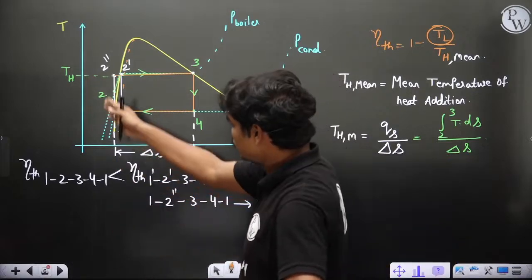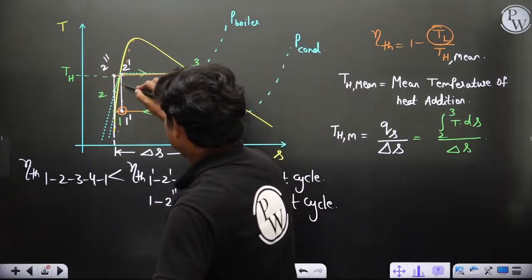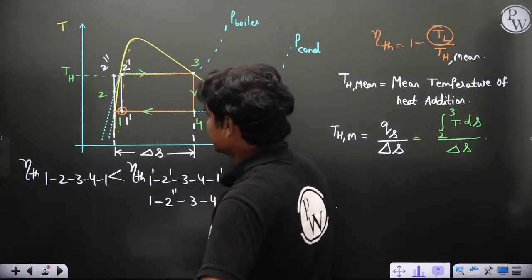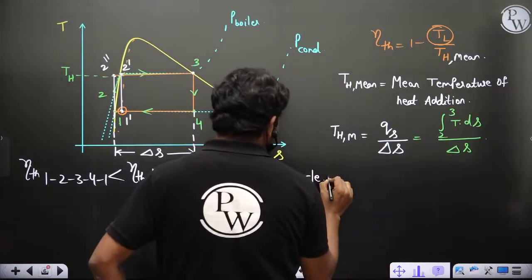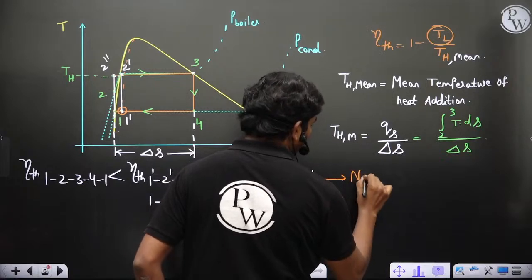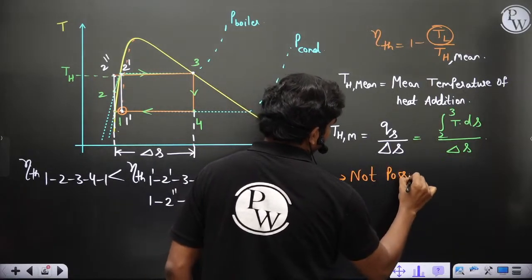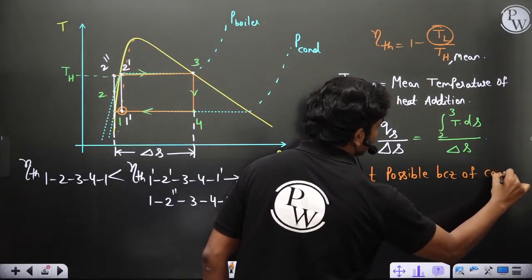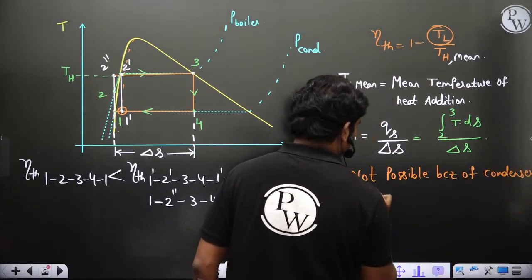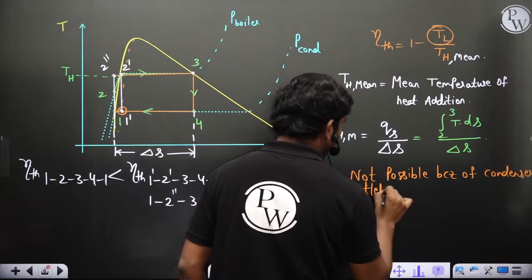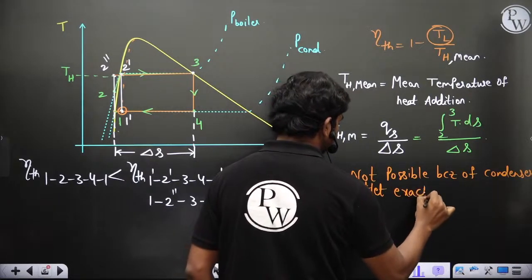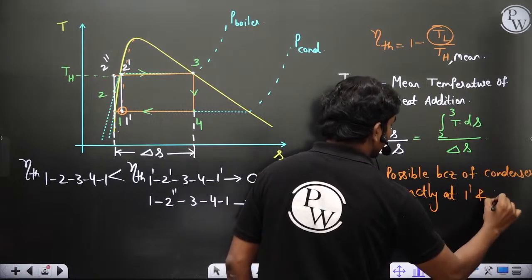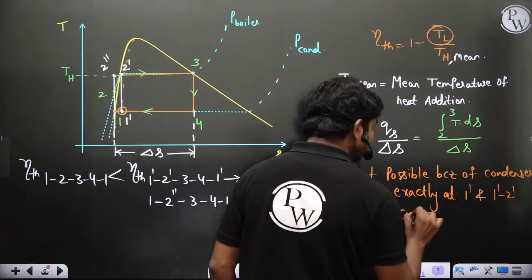Now what about this 1-2''? Let's see. So this doesn't have any feasibility now. Okay, let us keep that for some time. So this is not possible because of the condenser outlet exactly at 1', and 1'-2' compression is difficult because it is wet compression actually.